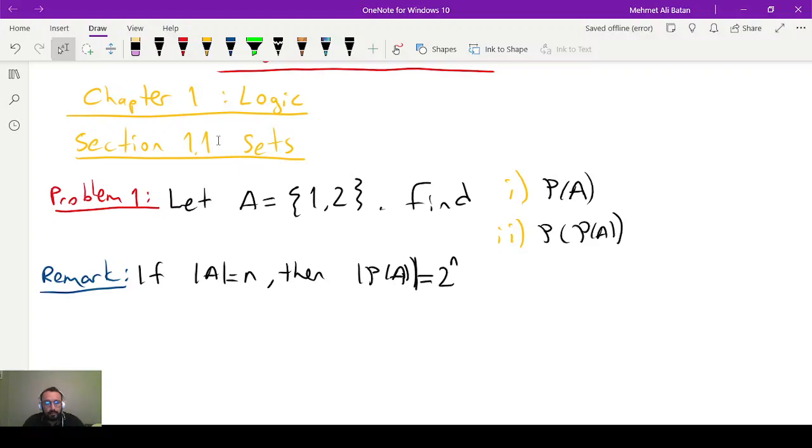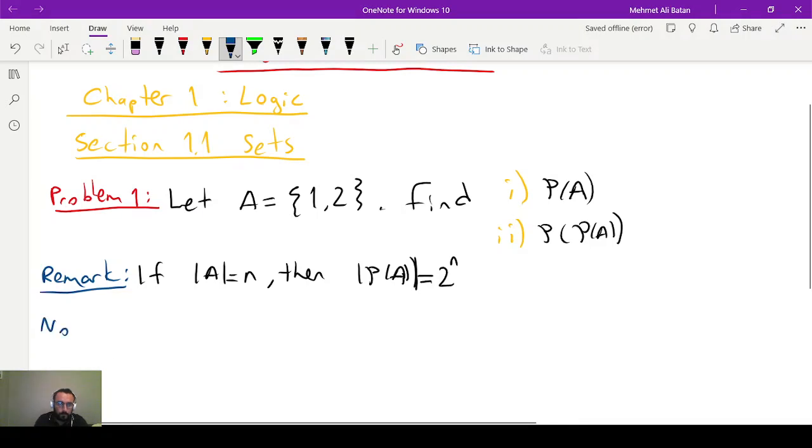It will be helpful to determine how many elements we will have in each part of the question, part (i) and part (ii).